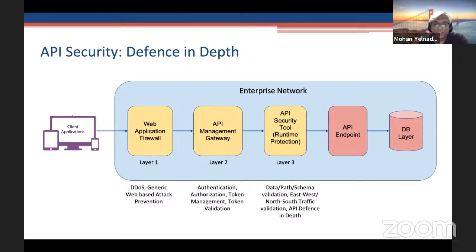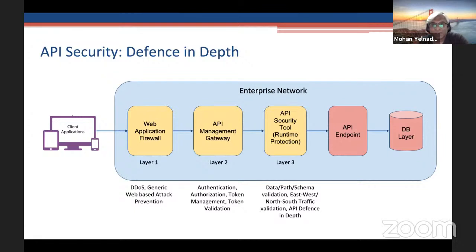Apart from that, the other two layers, the API endpoint layer and the database layer, have the traditional security, right? Validating any input that is coming from an untrusted source is implemented at the API endpoint level, and at the DB layer you have disk encryption or field level encryption or masking for sensitive data, as well as some other procedures written to ensure that those get triggered based on certain conditions, right?